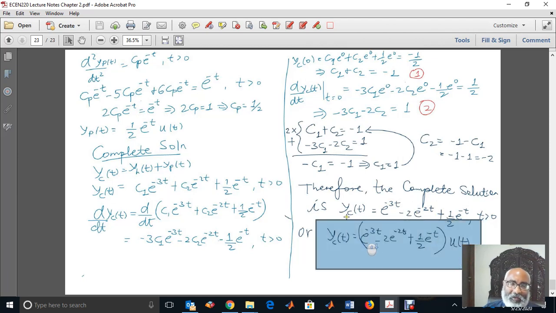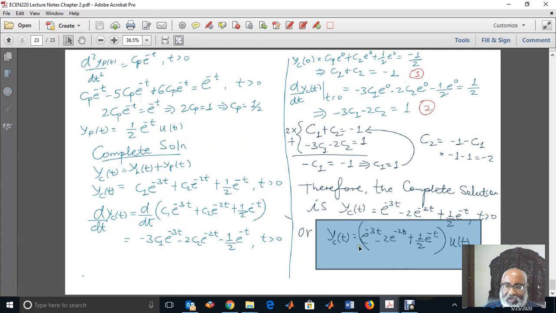I hope you understand the examples for solving differential equations, or systems described by linear constant coefficient differential equations. As we said, a differential equation can be used to describe a system, for example an electrical system, mechanical system, any processing, manufacturing system, or control system.